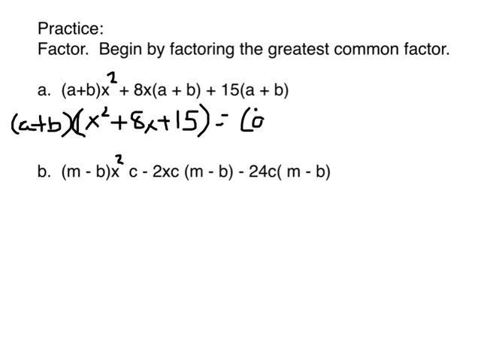Let's factor that, and we would have x and x. Everything's positive, so that makes that easy. And the factors of 15 that would add to 8 would be 3 and 5.